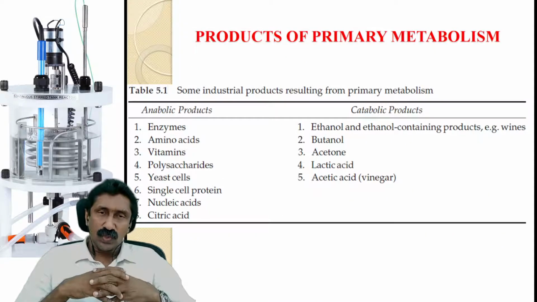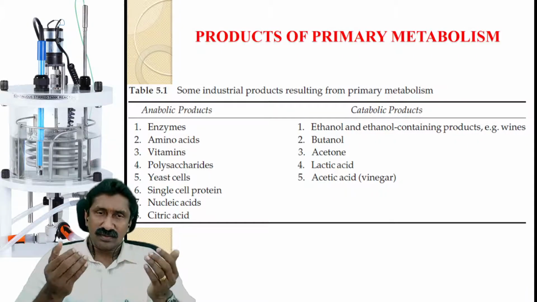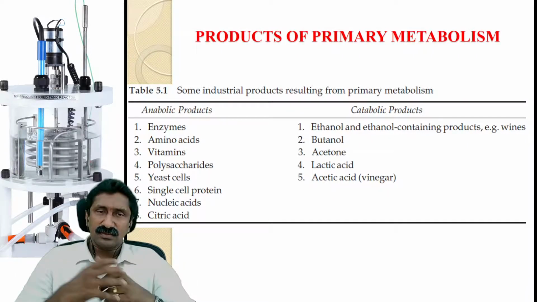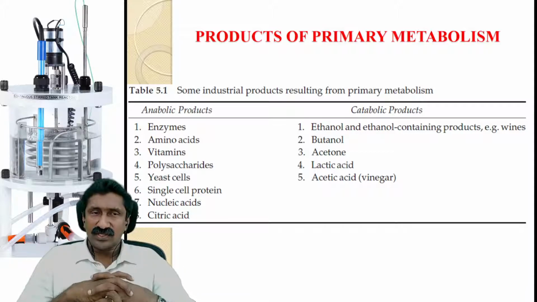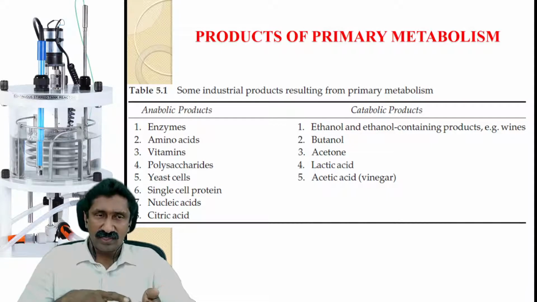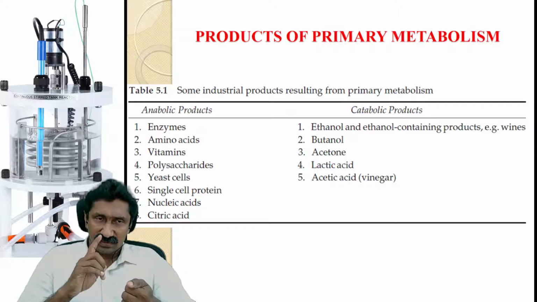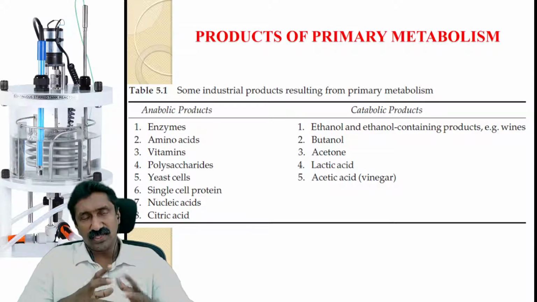This table shows the different anabolic and catabolic products of primary metabolism. In the first list, we can see the anabolic products, including the enzymes, amino acids, vitamins, polysaccharides, then yeast cells, single cell proteins, then nucleic acid, citric acid, etc. These are anabolic products or synthetic products.